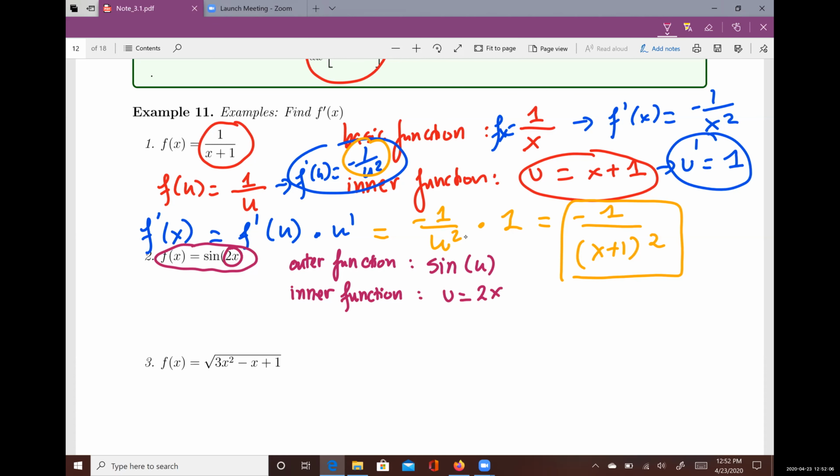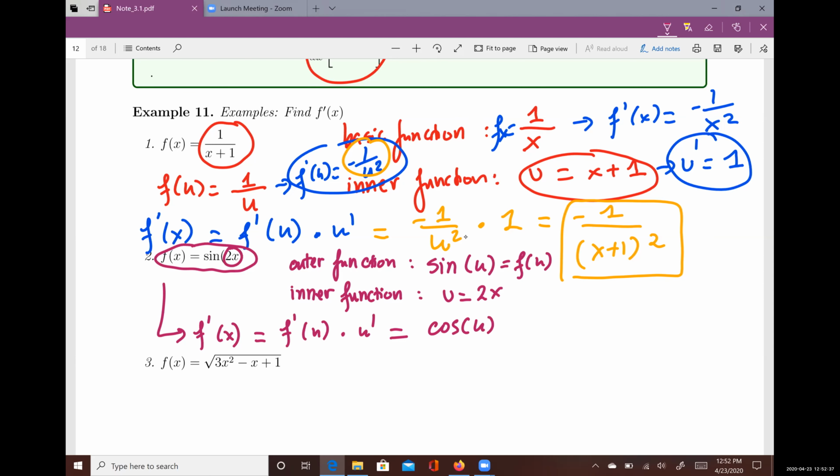Okay. So then the derivative of f of x, where f of u equals sine of u and u equals 2x, equals f prime of u times u prime. Okay. So what is f prime of u? f of u is sine of u, so f prime of u is cosine of u.